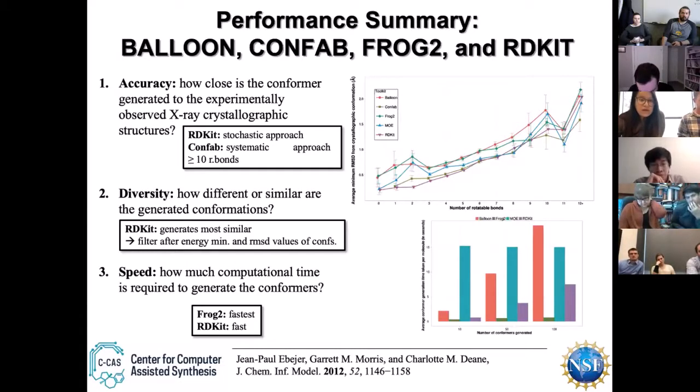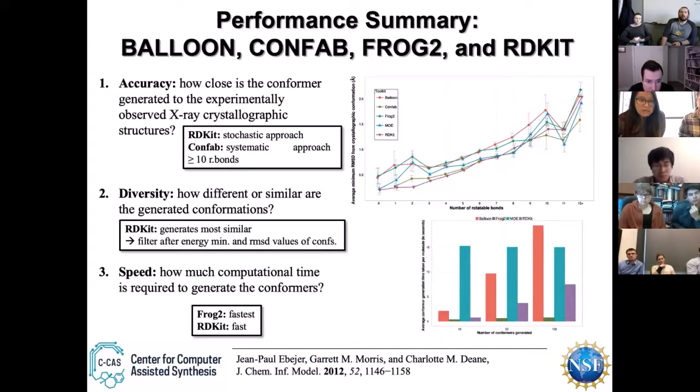They found that RDKit, which uses a stochastic approach, performed the best for rotatable bonds between 0 and 10. For anything greater than 10 rotatable bonds, Confab performed the best, which uses a systematic approach.